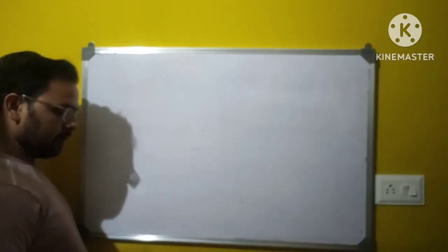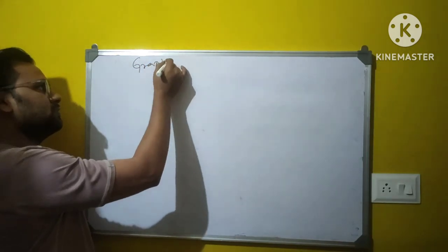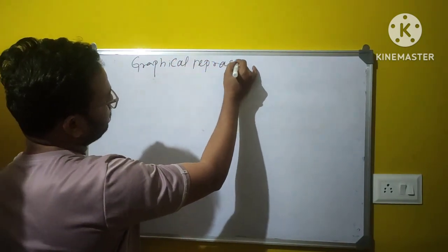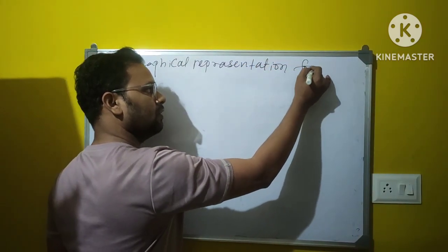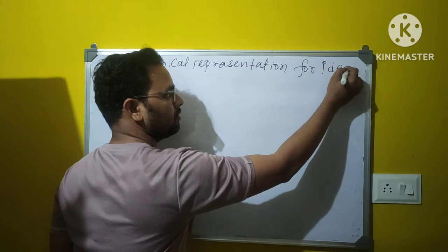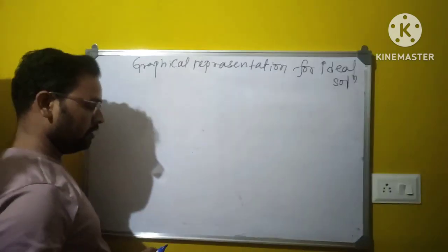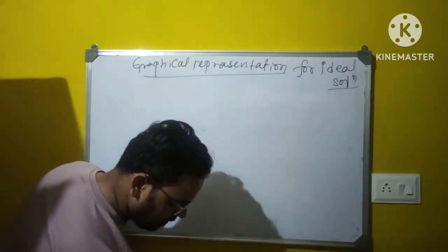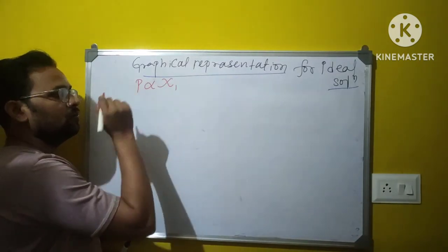Now take a graphical representation for ideal solution. So ideal solution means the solution which obeys Raoult's law. According to Raoult's law, P is directly proportional to mole fraction.